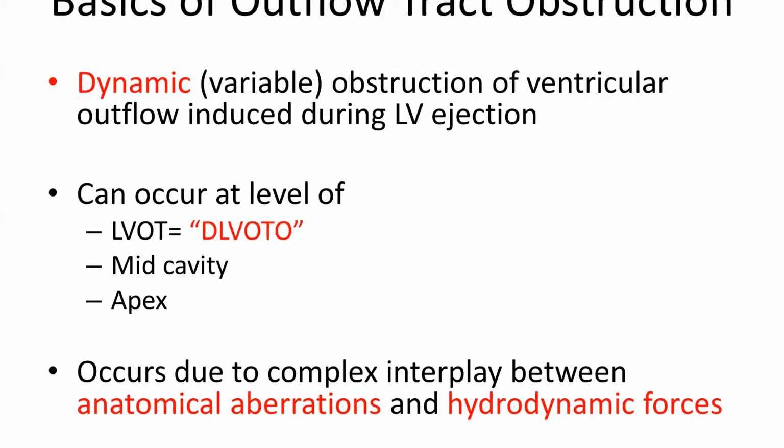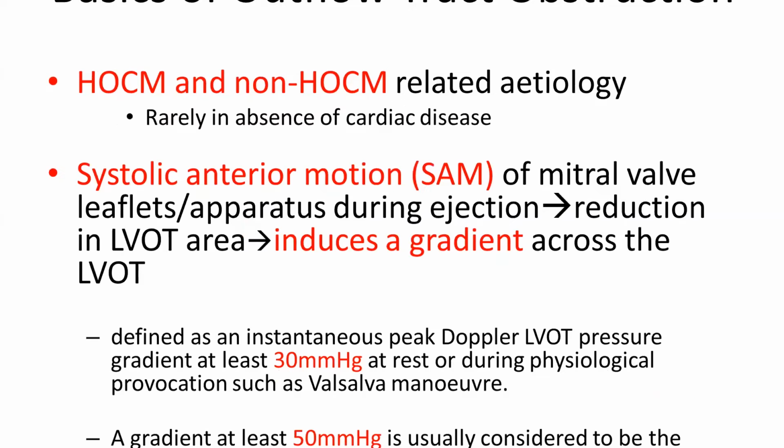Dynamic outflow tract obstruction occurs through a very complex interplay between various anatomical aberrations associated with various pathological states and also complex hydrodynamic forces. As I said, there's both HOCM and non-HOCM related etiology where you can see outflow tract obstruction, and rarely in the absence of any cardiac disease you can sometimes see it.